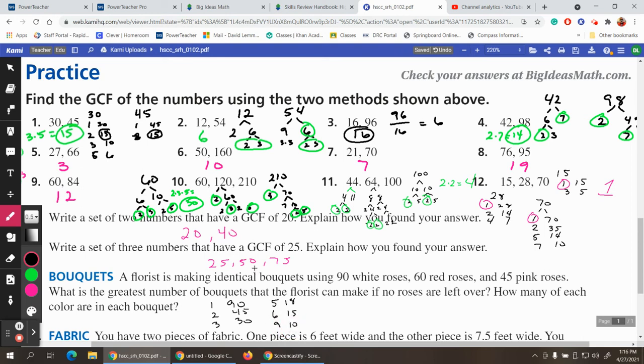9 and 10. All right, so 60, 1 and 60, 2 and 30, 3 and 20, 5 and 12, 6 and 10, 7 doesn't work, 8 doesn't work. 45, 1 and 45, 3 and 15, 4 and then 5 and 9.